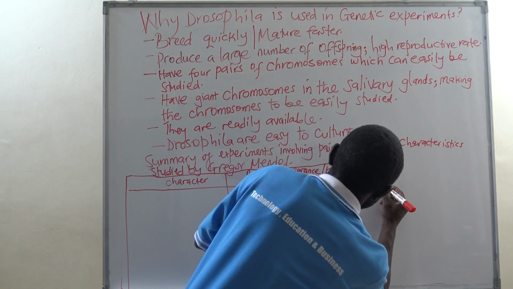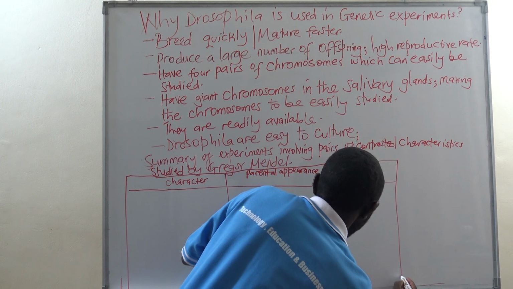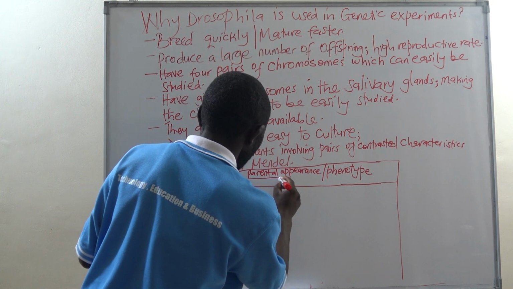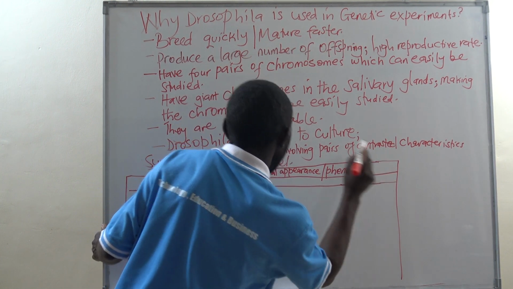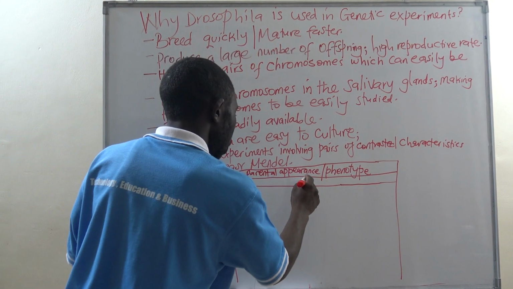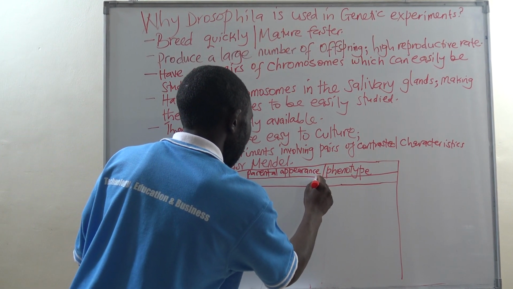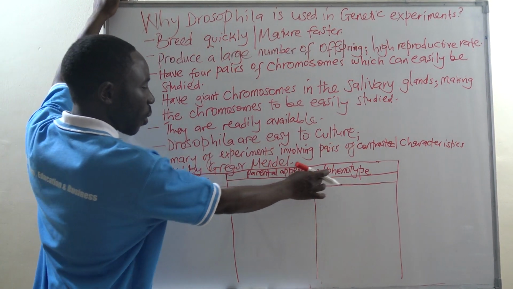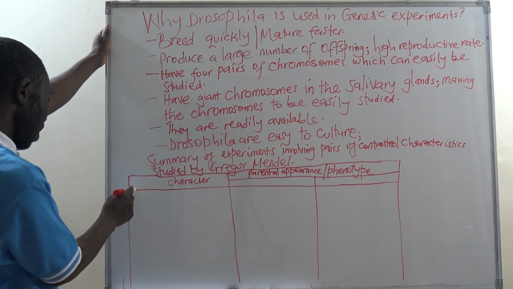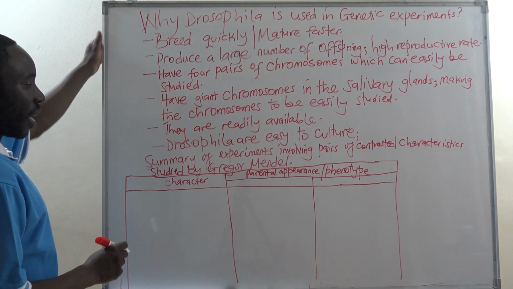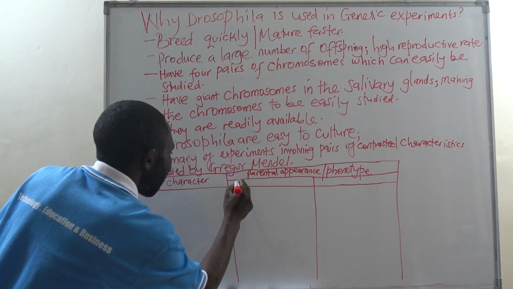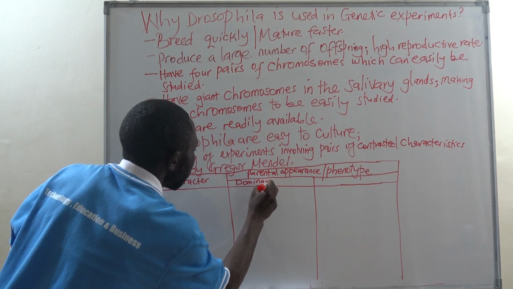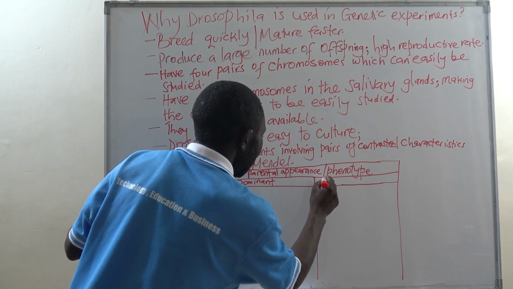So now what are we saying here? I can create another horizontal square where I will put 2, that if we have parental appearance or phenotypes in the table, then some of those characters are dominant. So I will have dominant, and then recessive.